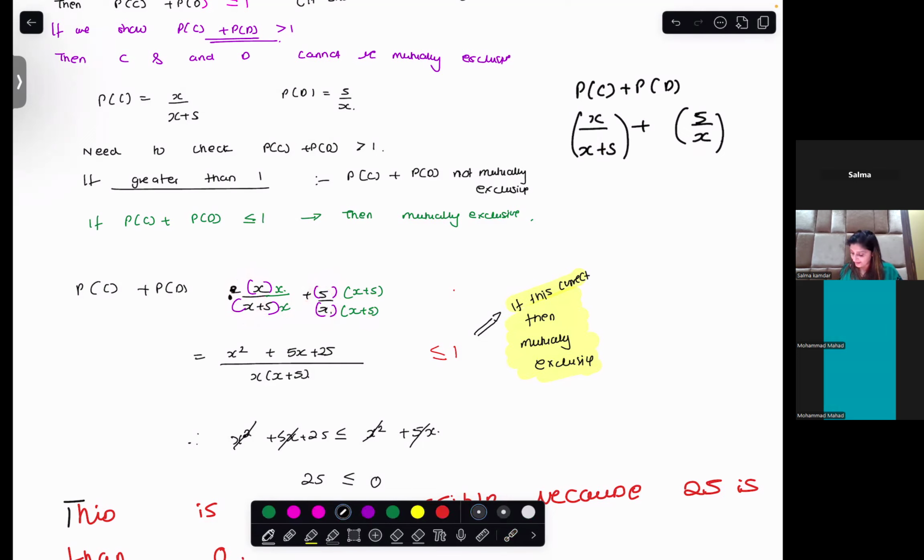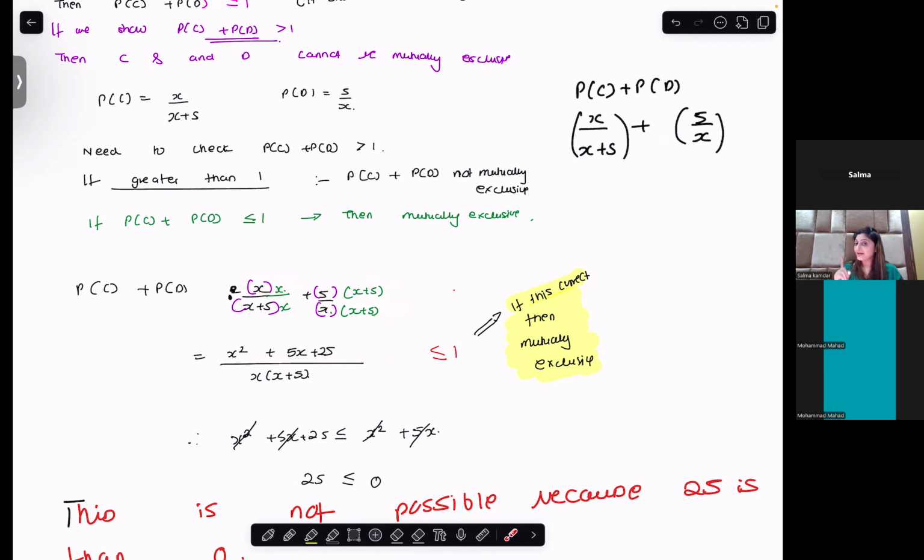So I will give x to the numerator and denominator both, and I will give x plus 5 to the numerator and denominator both. So I will have a common denominator, x into x plus 5, and the numerator would become x square plus 5x plus 25. Makes sense.